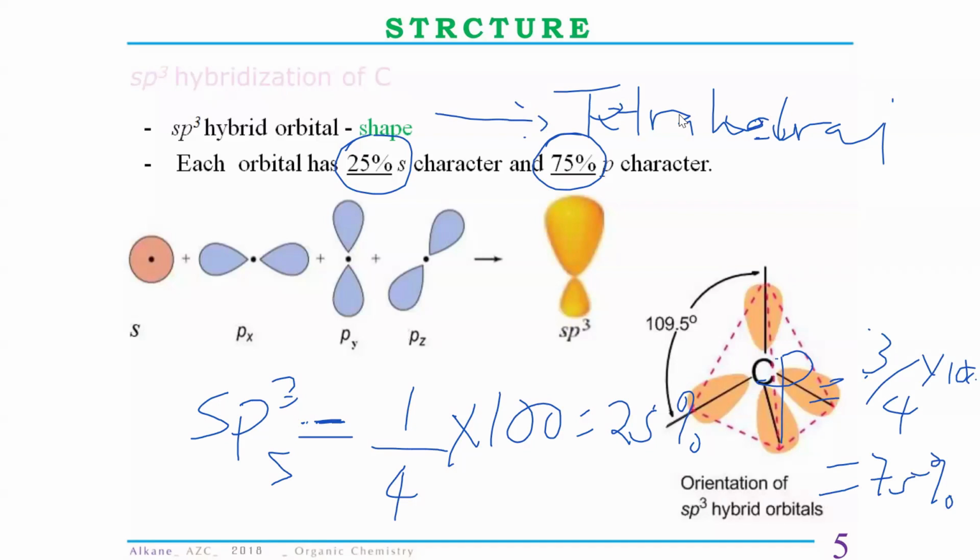And the bond angle of this sp3 hybridization of alkanes is 109.5 degrees. And of course, if you look at the shape of the sp3 hybridization, it differs from the individual orbitals s and p.